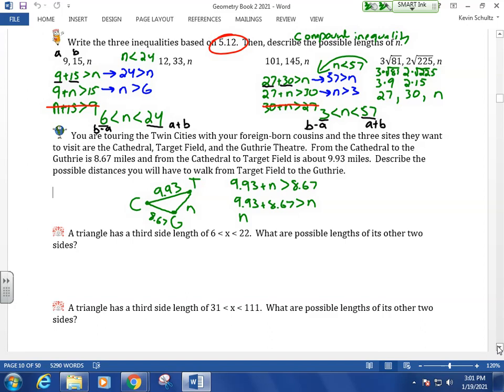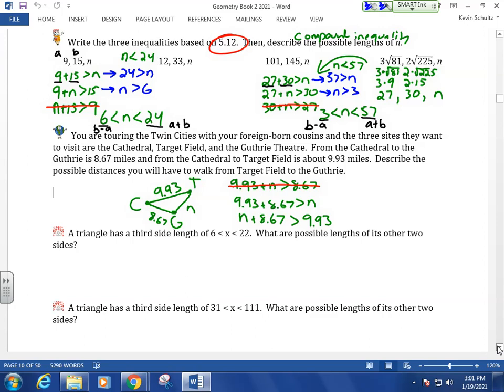And we know that n plus 8.67 must be greater than 9.93. Okay, those are all the combinations that must be true for this triangle to work. The one we can eliminate, I actually wrote first this time, right? 9.93 is already greater than 8.67, so that one's not going to be any use to us.